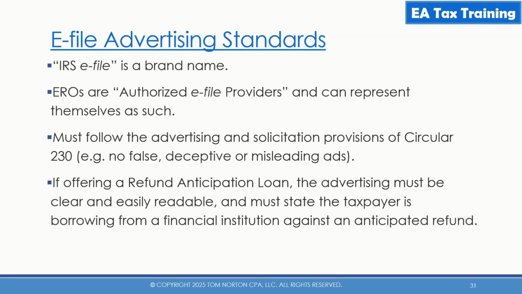They can walk out that day with a refund minus a fee, but they're not actually getting their refund at that point. What they are getting is a loan in anticipation of them getting a refund. If for some reason they don't actually get the refund, then they are going to have to pay that amount back. So the taxpayer has to know that they are borrowing money from a bank and that they are going to have to pay that money back if that refund does not, in fact, come through. So the advertising has to be clear on that.